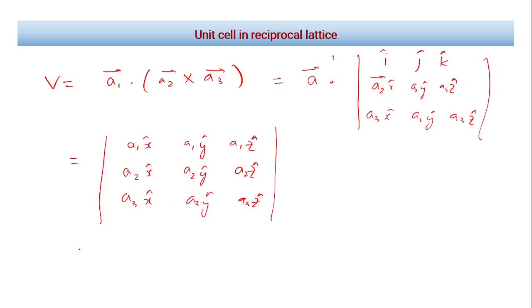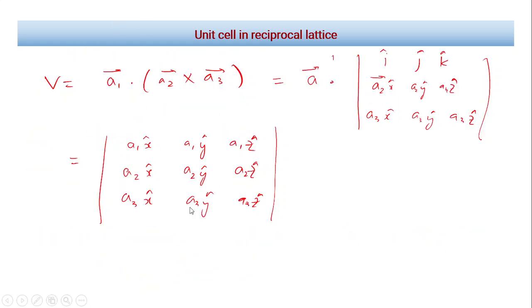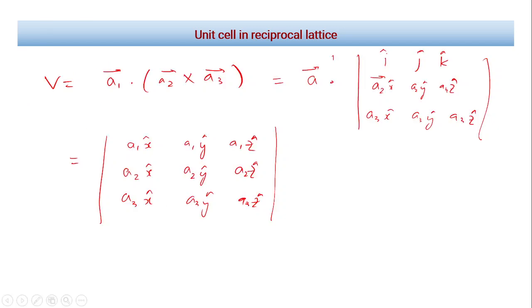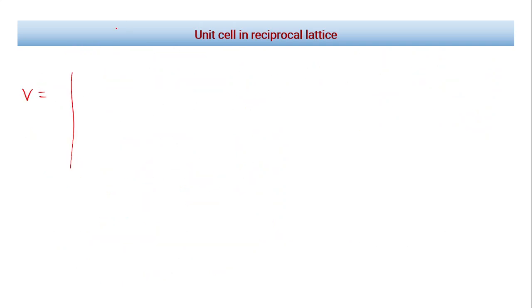Okay, so here what are our A1, A2, A3? These are this. So when I arrange in the matrix, I will get the volume as this. So the first row will be filled by all the components of A1, which is minus a by 2, then a by 2, then a by 2.